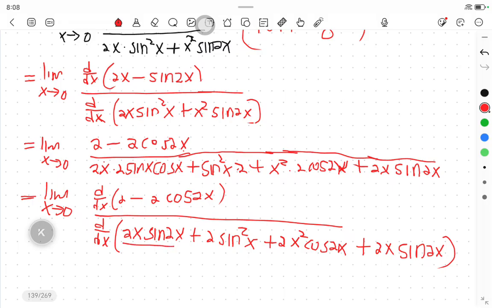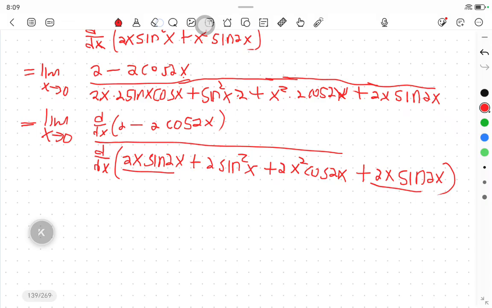If we check, these two are the same, right, I can also try to simplify that. That will just be 4x sine 2x.